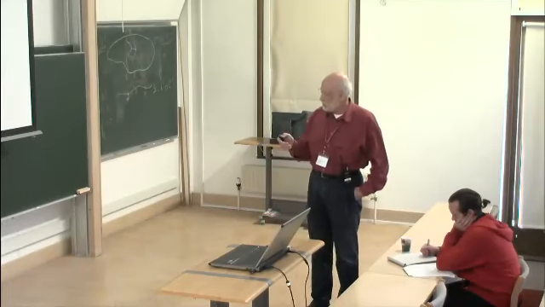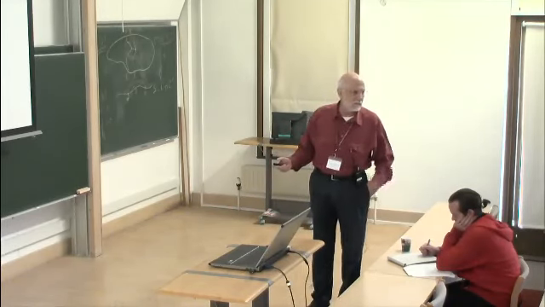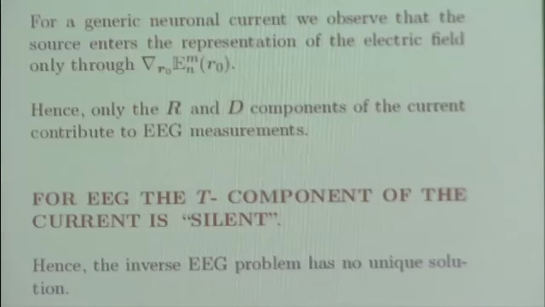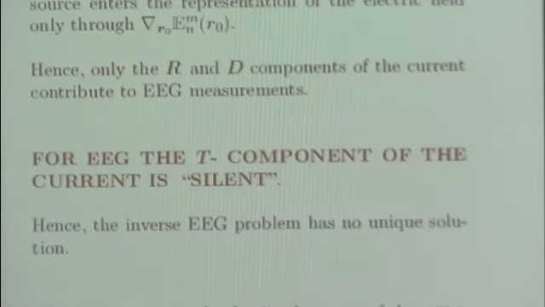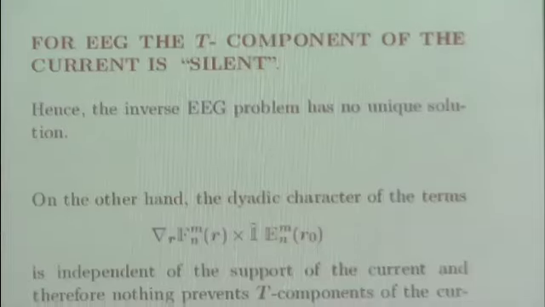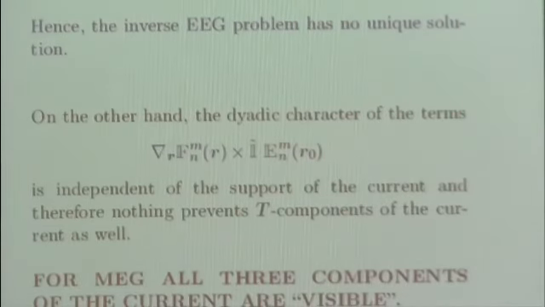In any case, in both cases, no T dependence for the fields, not for the current, for the fields. Okay. Now we go to the red parts where we have the current. The current enters through this one, which, as I showed you, depends only on rho and D. That means that EEG has no T dependence of the current.